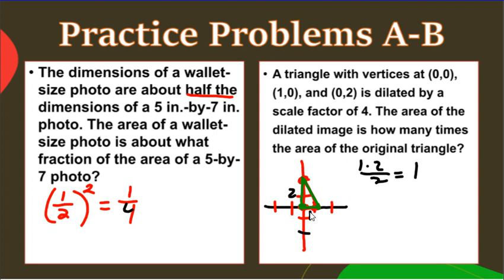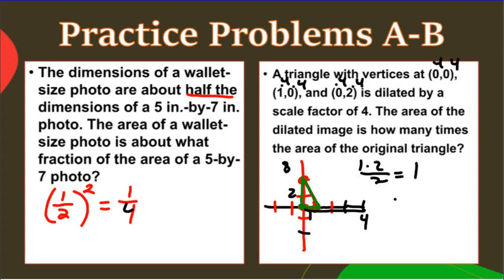So if we were to multiply each of these by 4, we would have 1 times 4, 0 times 4, 0 times 4, 2 times 4. Instead of this 1 right here, we would have 4. And then instead of the 2 here, we would have 8.